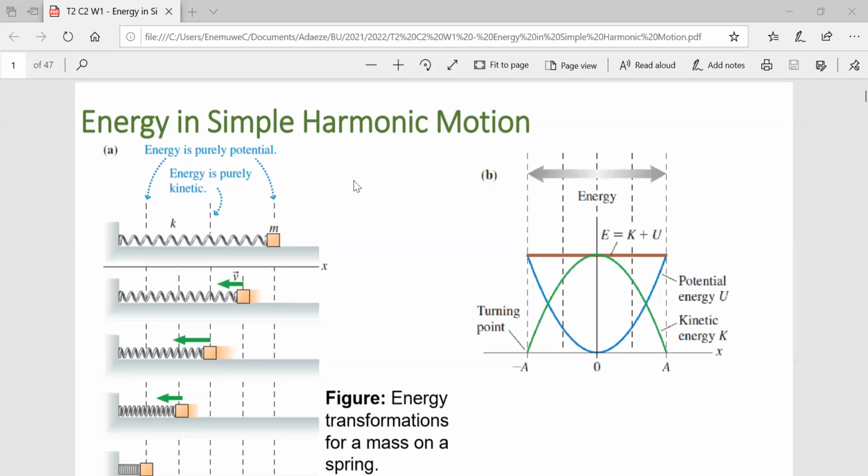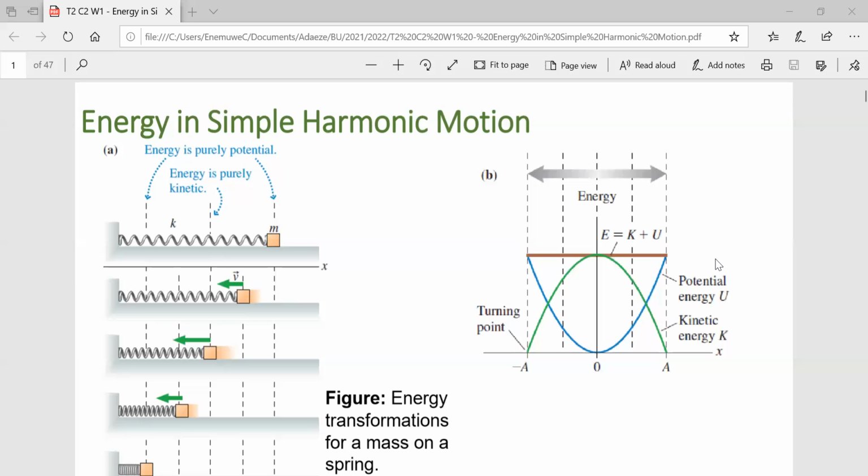Okay. So looking at the subject energy in simple harmonic motion, we know that we have the kinetic and potential energy dominant in the process of the simple harmonic motion. We can see that the potential energy transforms to kinetic energy and then transforms to potential at different instances.